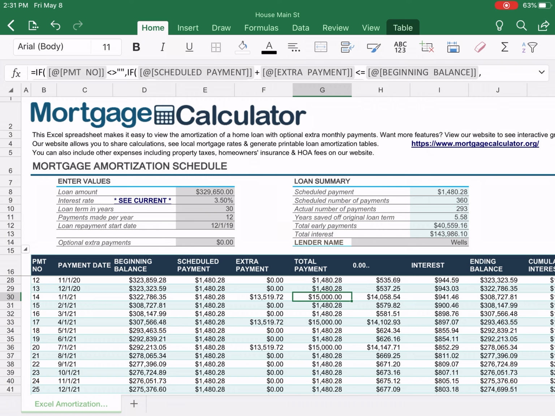I'll take the rest out of my own money, because we're just dealing with the principal and interest in this. That's how the amortization calculator works. They don't include the tax, insurance, and PMI.